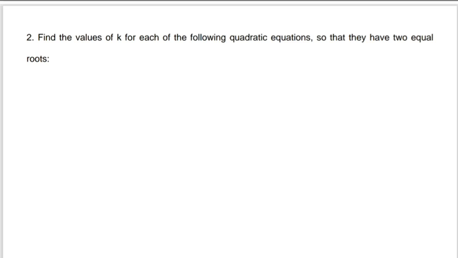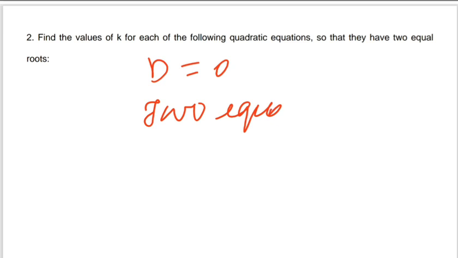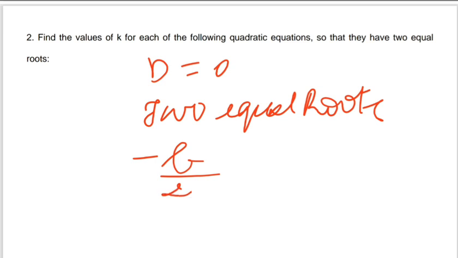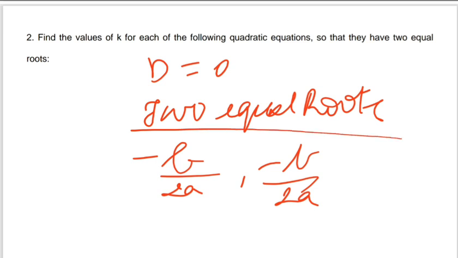I have already said that two equal roots means D is equal to 0, and the formula to find those roots is minus b by 2a and minus b by 2a. So if we have two equal roots, then the condition is D is equal to 0. So let's go to the question.